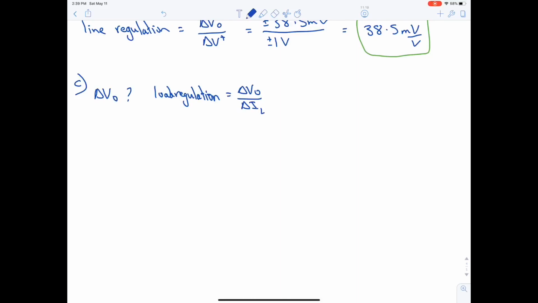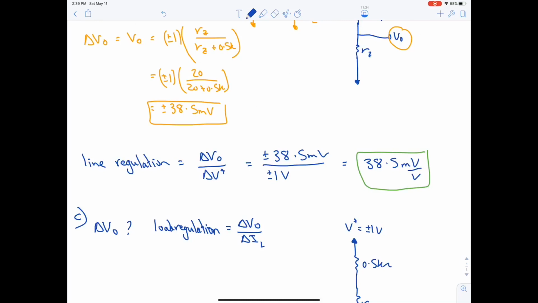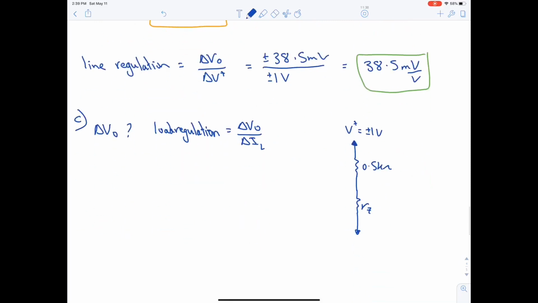Let's redraw the circuit, because now we have a load resistance and we are in the AC due to the change. 0.5 kilo ohm, RZ. Now note that here we killed VZ naught because VZ naught is DC. Let's continue. Here is our load resistance RL, ground.